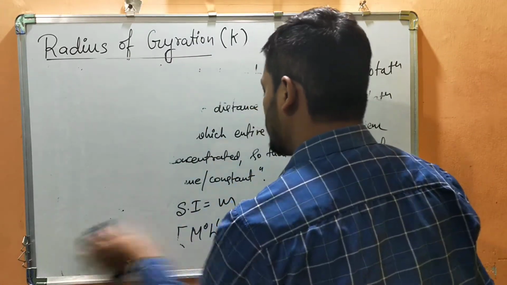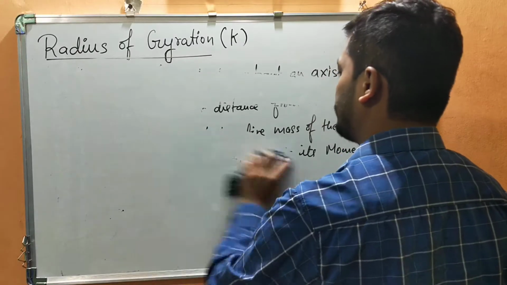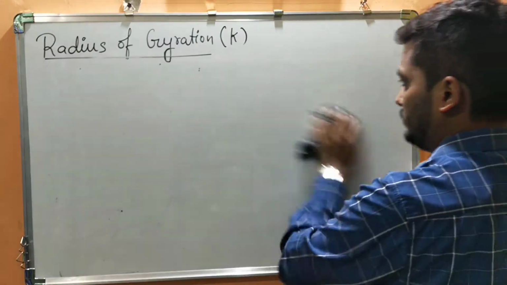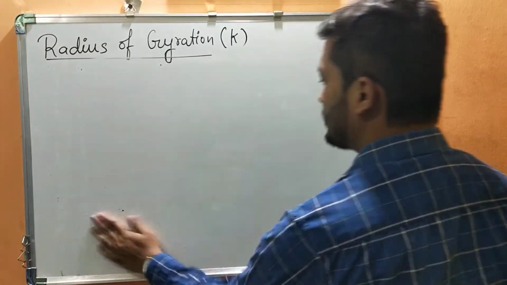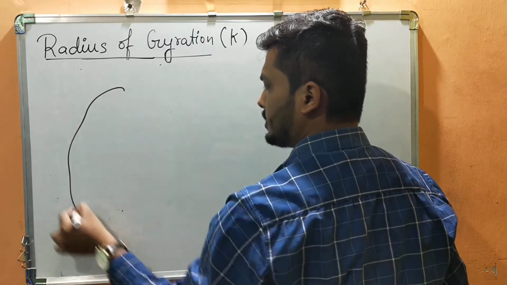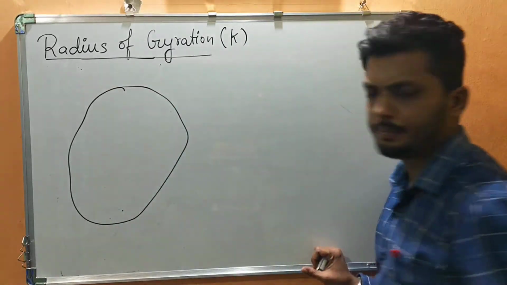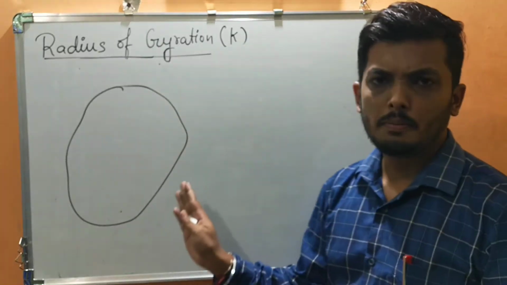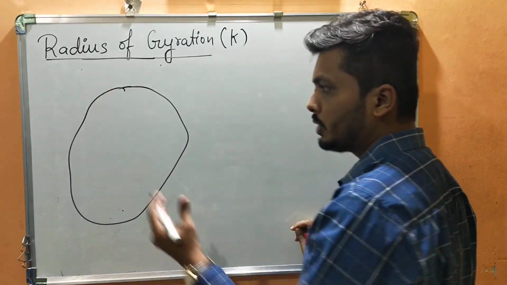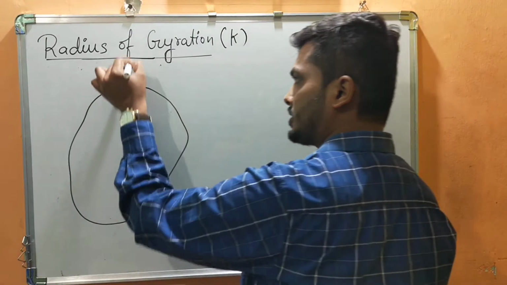Now let us try to understand what exactly is radius of gyration and how important it is to us. Now we'll go as per the definition. Before going to the definition, just understand this analogy. Suppose I have a random body which has mass M. Since it's a rotational motion, you know that it should have one fixed axis.